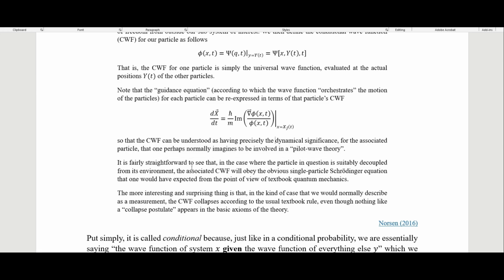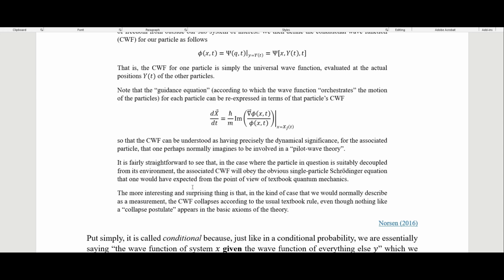It is fairly straightforward to see that in the case where the particle in question is suitably decoupled from its environment, so if we're looking at an isolated subsystem, the associated conditional wave function will obey the obvious single particle Schrodinger equation that one would have expected from the point of view of textbook quantum mechanics. And so he's saying that if we do have a suitably isolated system, we can consider the conditional wave function just the normal wave function of a single particle.